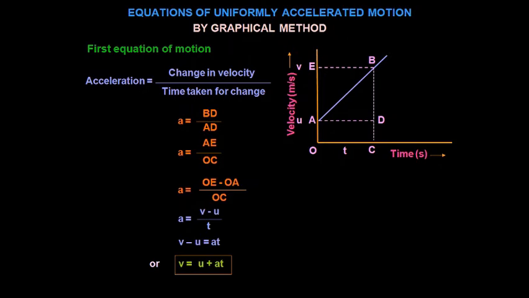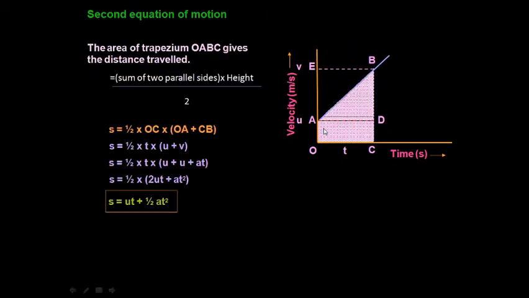Children, now with the help of the same graph, we will calculate the second equation of motion. To calculate it, we will first calculate the distance, and we have already studied in previous lessons that distance traveled is calculated by calculating the area of the space below the graph.